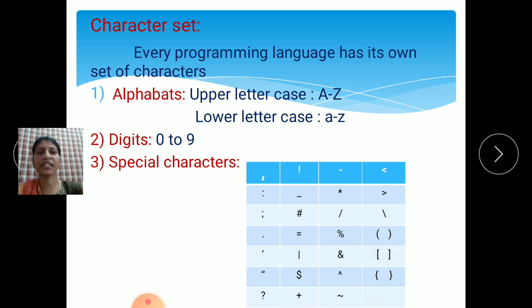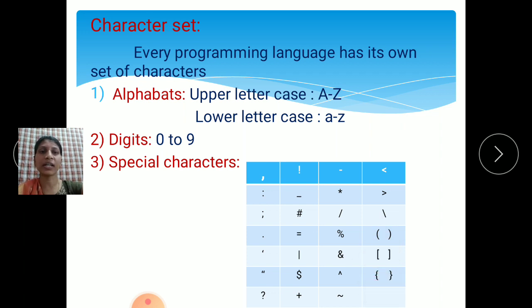Curly braces are very important in C programming. The main of the program starts with the left curly brace, and your program ends with the right curly brace. We use these curly braces at the start and at the end in C programming.